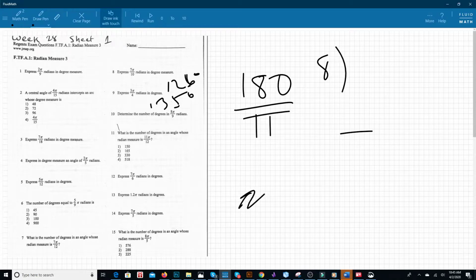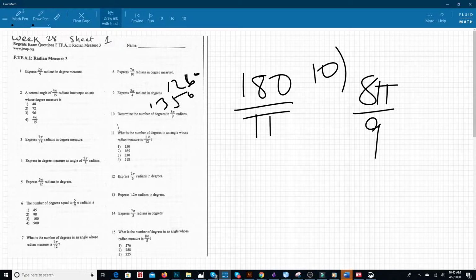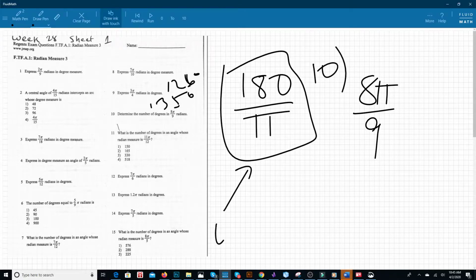The next one, we're on question 10. You have 8 pi over 9, right? This is the formula. This is conversion to radians. I put convert to radians. All right, 160. Okay. So, good, Jeff.